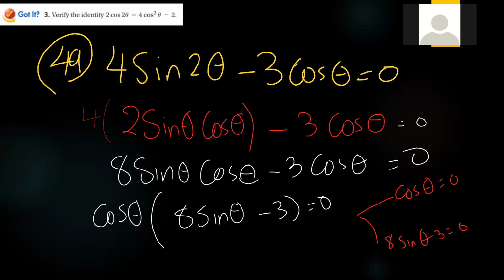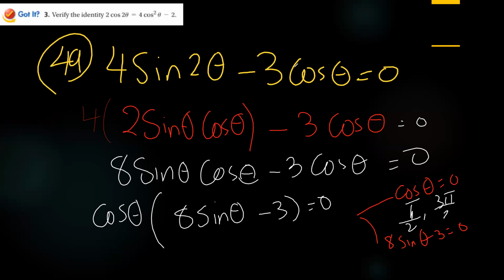Is it 90 and 270, so pi over 2 and 3 pi over 2.